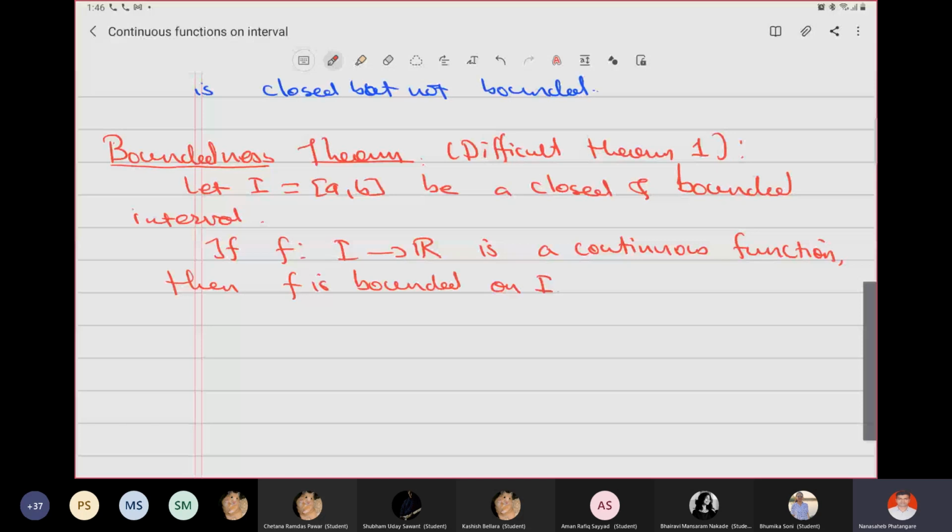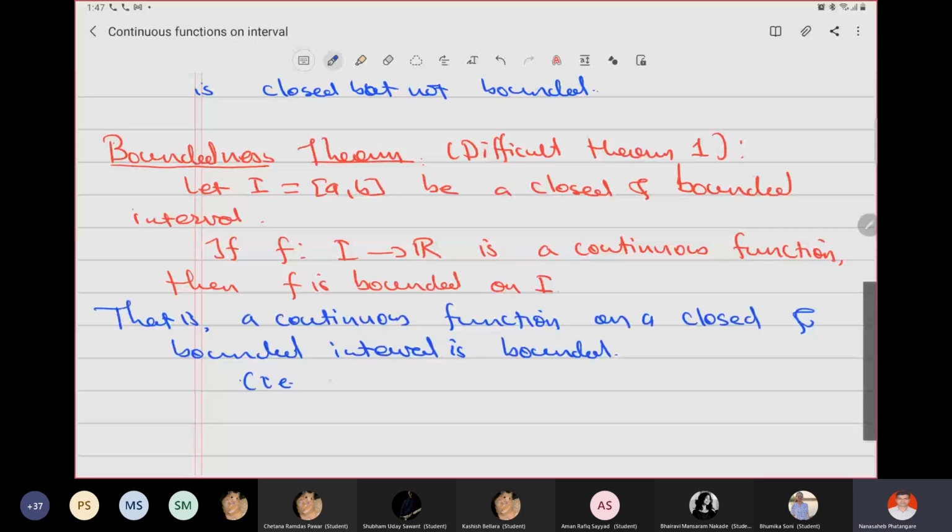A continuous function on a closed and bounded interval is bounded. That is, there exists m. That the function is bounded means what? There exists a number m such that the absolute value of f(x) is less than or equal to m for every x in the interval I.